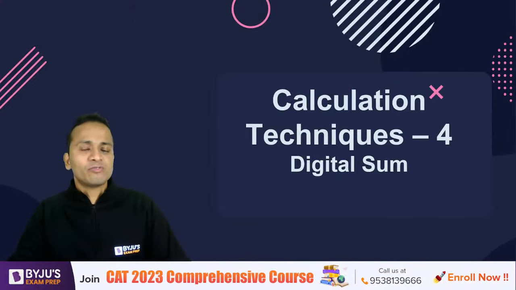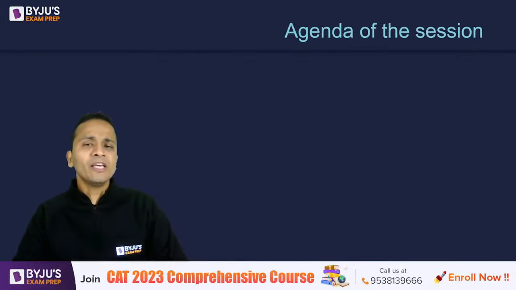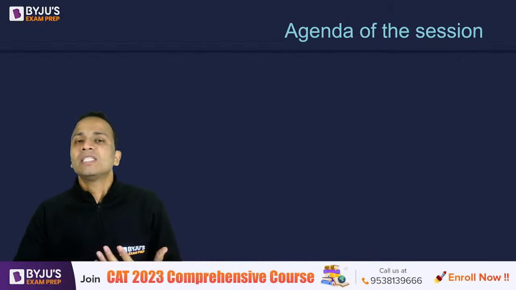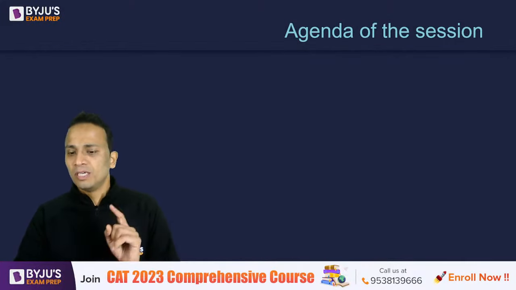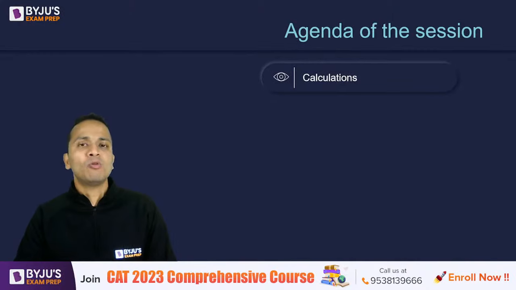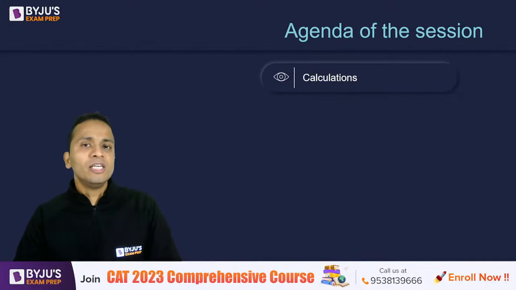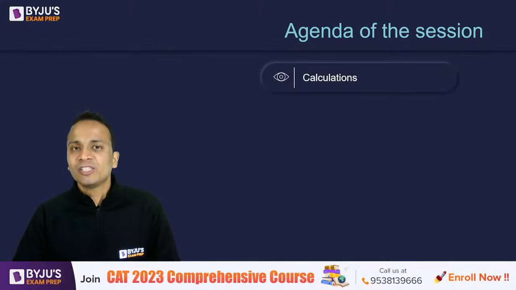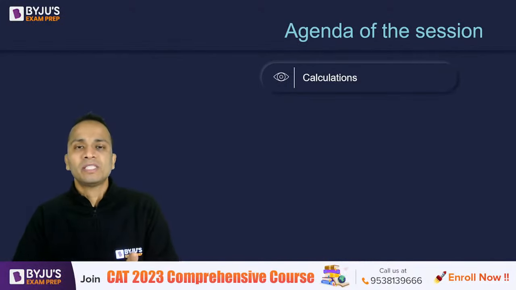So let's first of all quickly define the agenda of this session. At the beginning, I'll be telling you what the digital sum is, an introduction for the digital sum. After that, we'll be talking about the application of digital sum in increasing the speed of our calculations, so you don't have to actually do the multiplications or divisions. Digital sum is a method using which you can reduce the amount of calculations that you are doing.